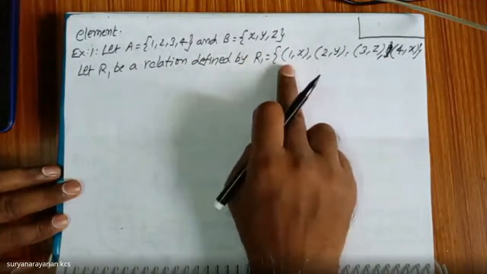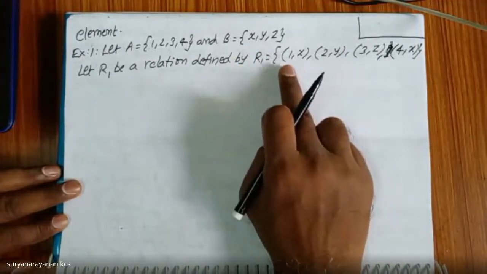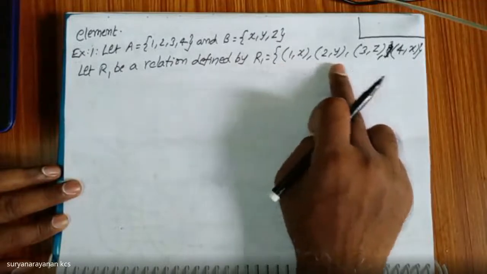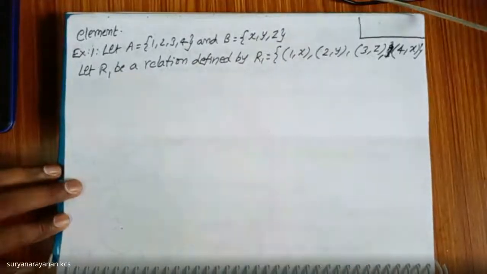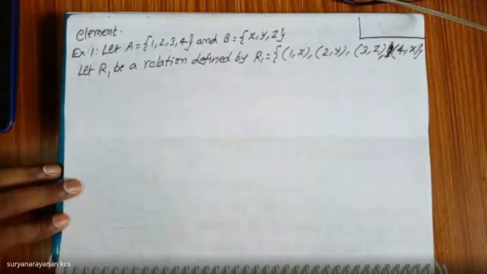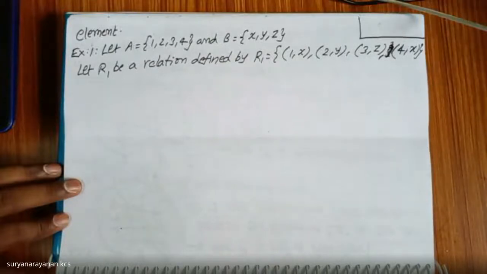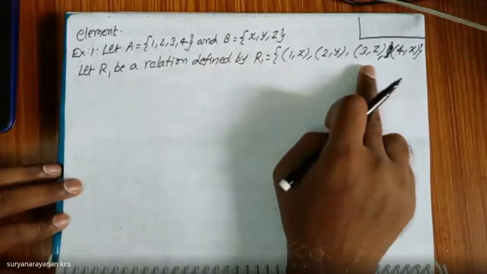If you observe here, what is the domain of R1? Can you tell me? Do you remember that definition? The relation is given as a set of ordered pairs.